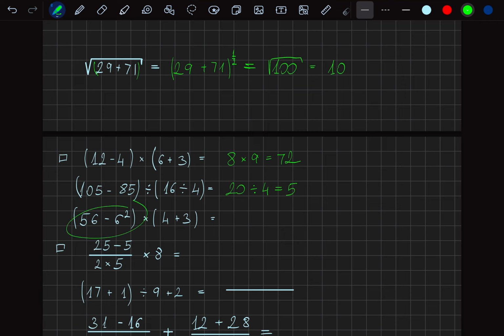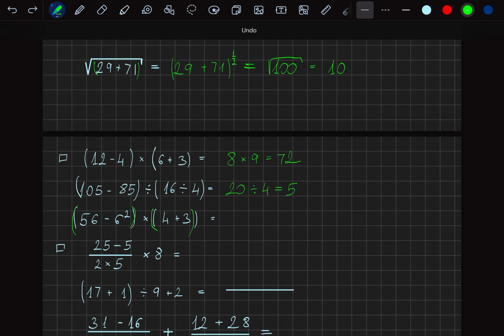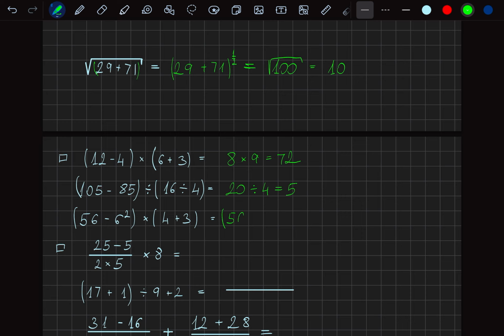And here's an indices. So first the brackets, but in the brackets we have an indices, so we will start with this. I will write this down again. So 5 to the power 2 minus 6 times 6, 36 times 4 plus 3. And we just can calculate the things in the brackets.